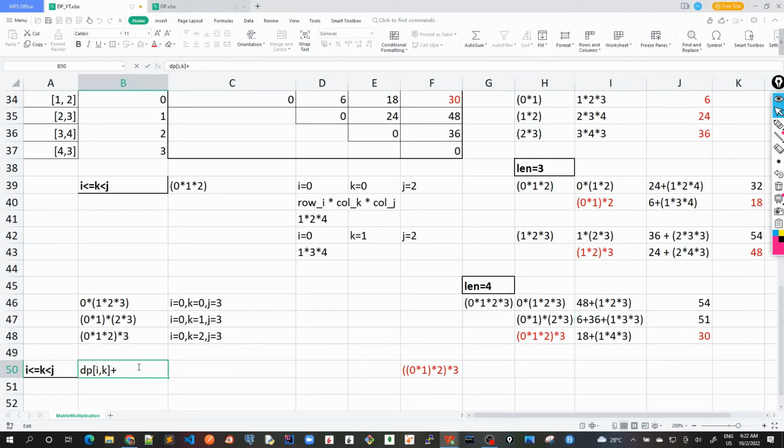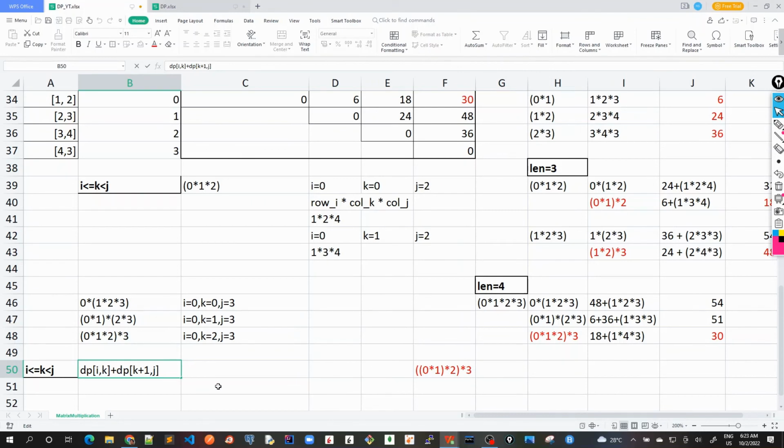So it would be dp of k plus 1, j, plus, for this formula, 1 multiplied by 3 multiplied by 3, we have already formalized it before here. So I'll just copy this like this, okay, and here I will put it.